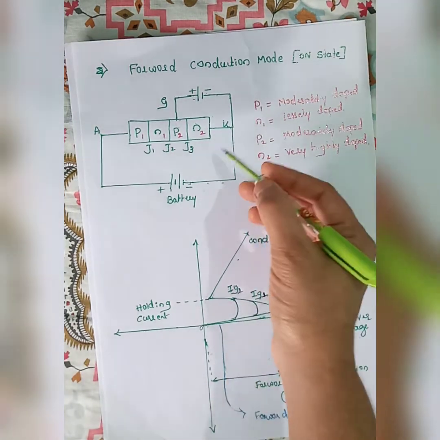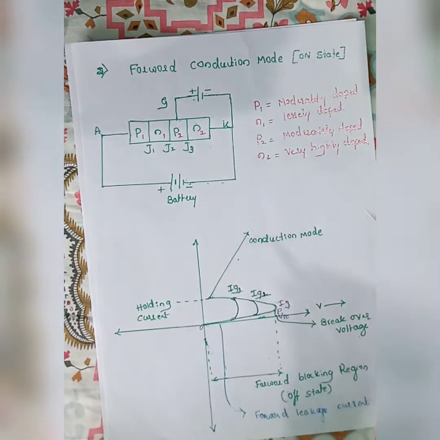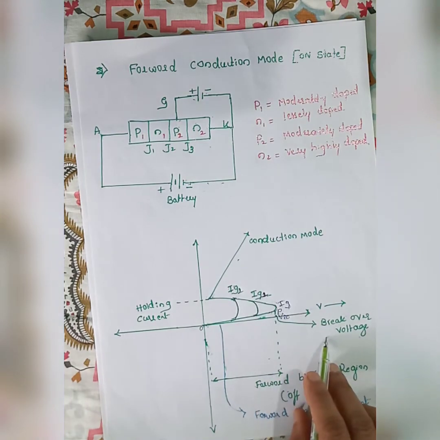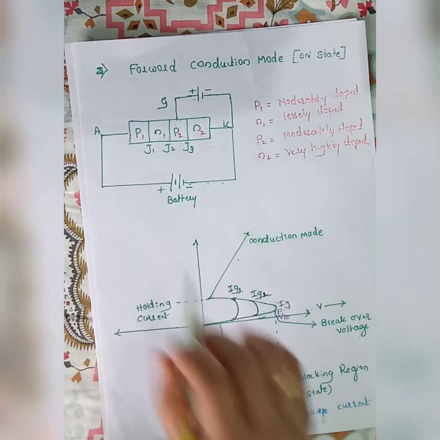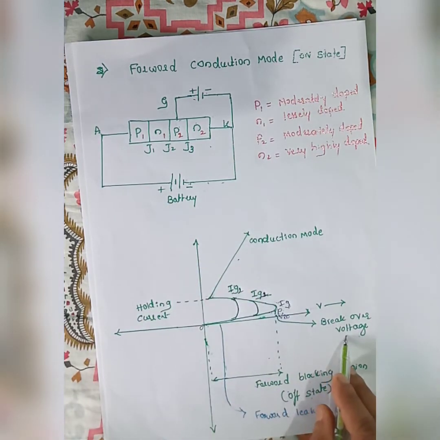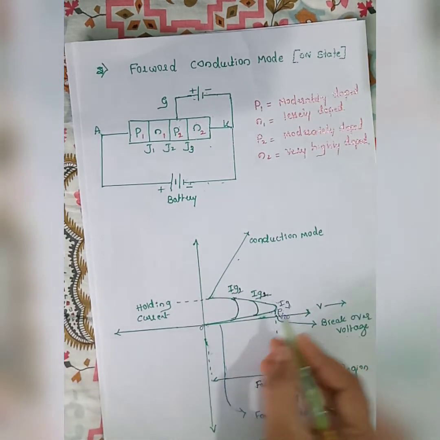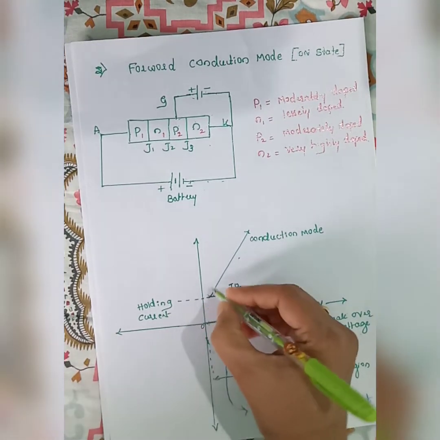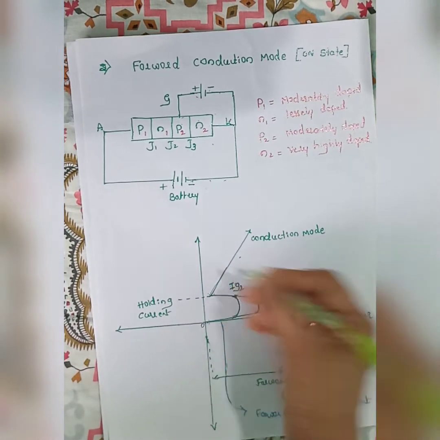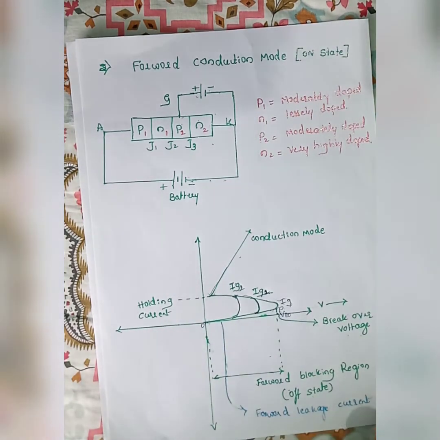The SCR turns on earlier, before reaching the breakover voltage between anode and cathode, and the SCR starts conducting here and remains in conduction mode. This is the second operation.